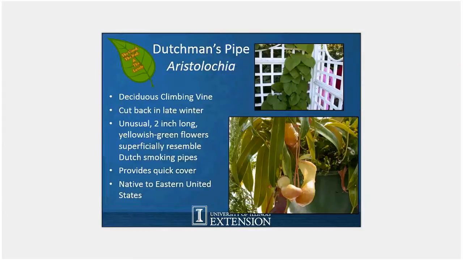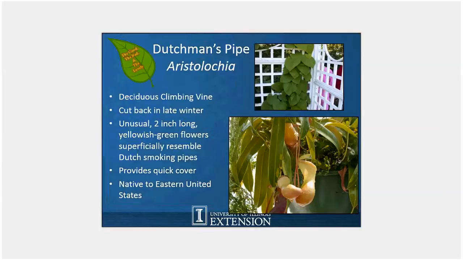The Dutchman's pipe, this is a deciduous climbing vine. This one, you cut it back in late winter. It tends to be more of an herbaceous plant, but it will cover a large area fairly quickly. So if you're looking just for a vine to cover, then this would be definitely one to choose.